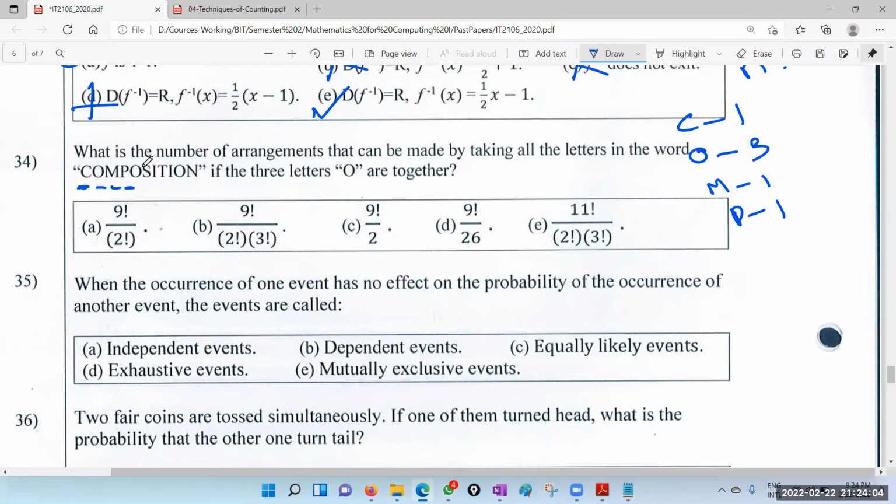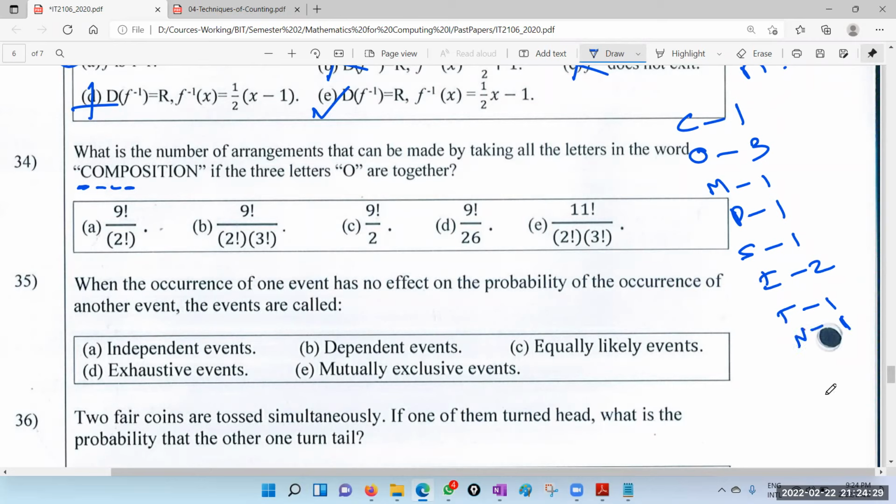O is already there. S, only 1. I, 2. T, 1. We have already taken the I. O is already taken, N only once.